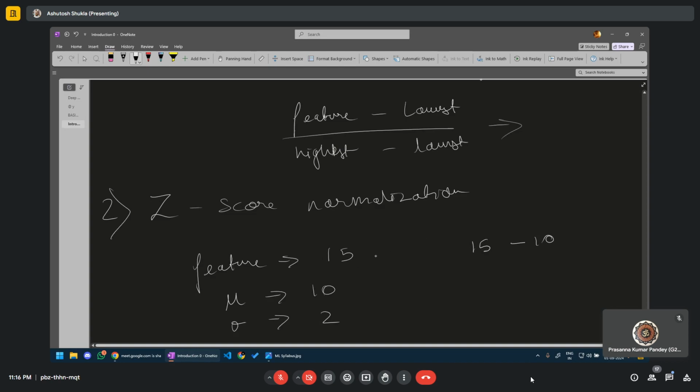I'll write that actually: feature minus mu, upon sigma, and that is the formula for z-score normalization. So 15 minus 10, that is the mu, upon 2, is literally 5 by 2, and that is 2.5.